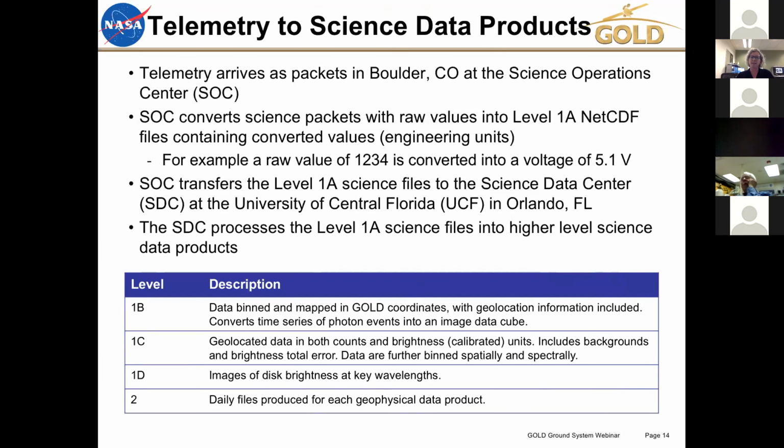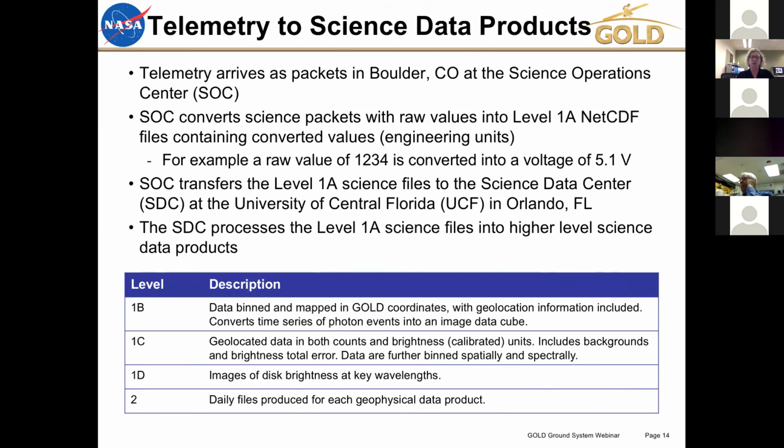But level 1D creates images of the level 1C so that it makes it easier for the general public to understand. In addition, it gives the scientists the benefit of being able to quickly look at images and determine a specific date and time that they may want to download of the level 1C data product.